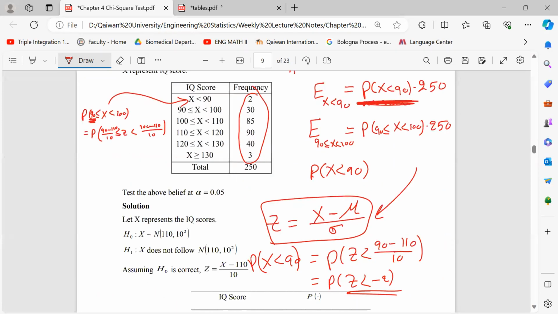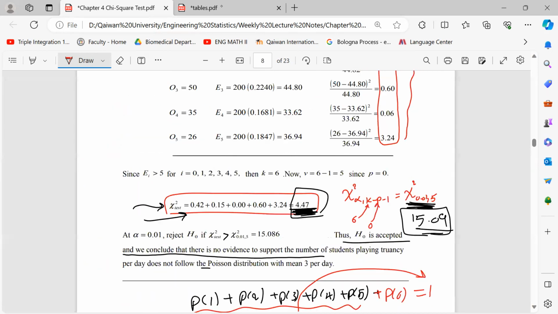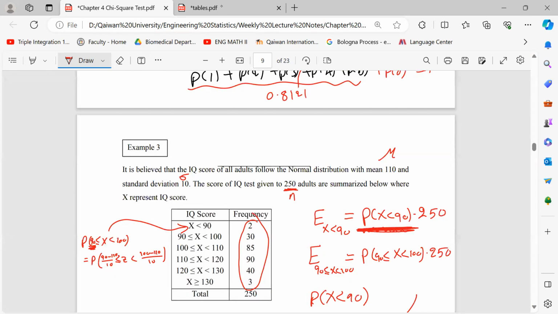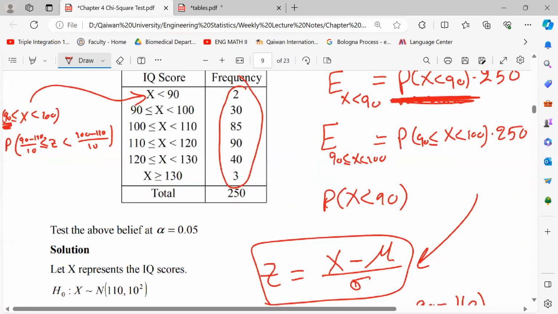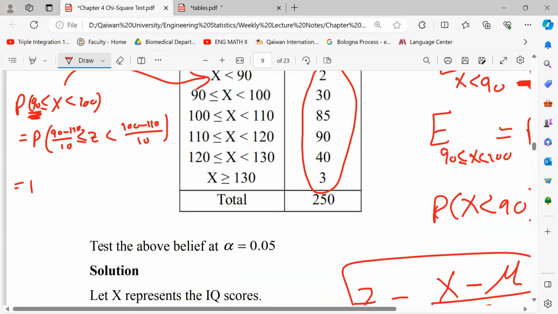Z is (X minus mu) over sigma. Mu is given, which is 110. Sigma is given, which is 10. Now we find the probability of Z being greater than or equal to negative 2 and less than negative 1.